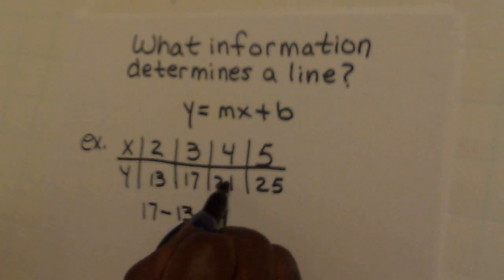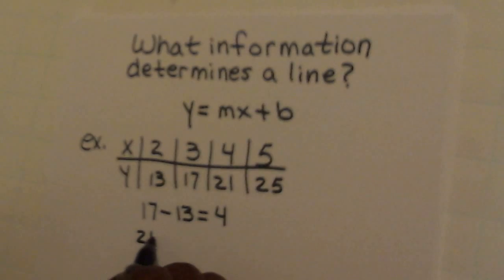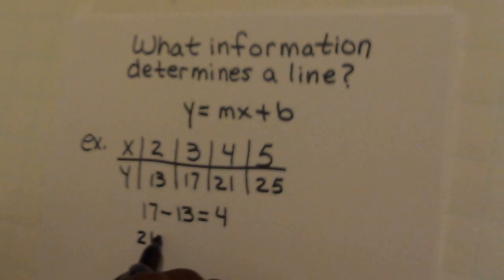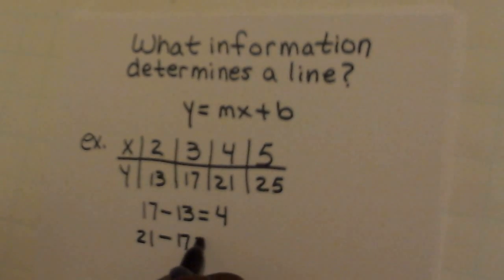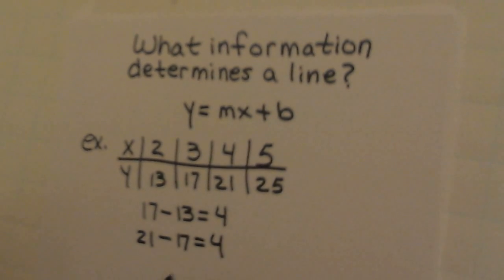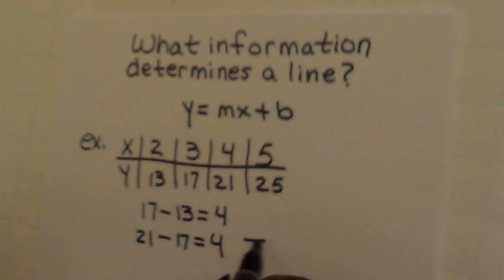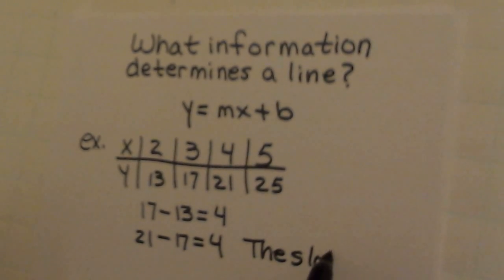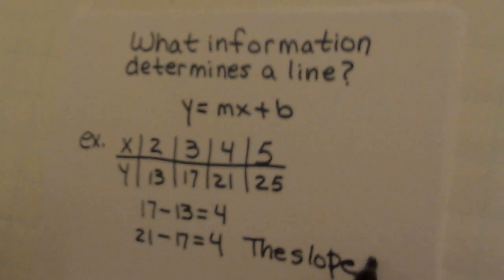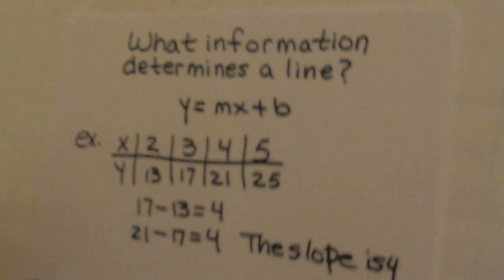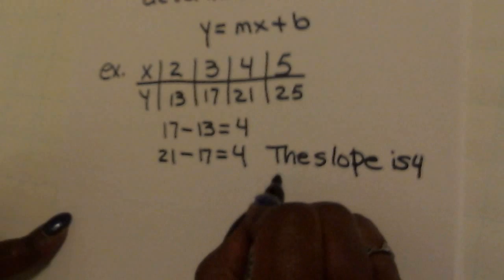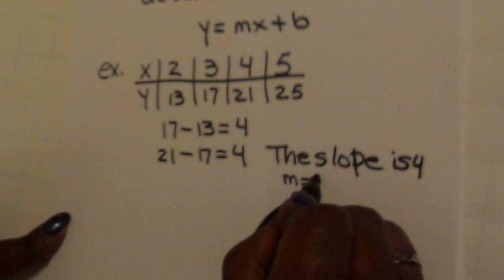So I'm going to take the third number and subtract the second number. 21 minus 17 is 4. So the slope is 4, or we could say m equals 4.